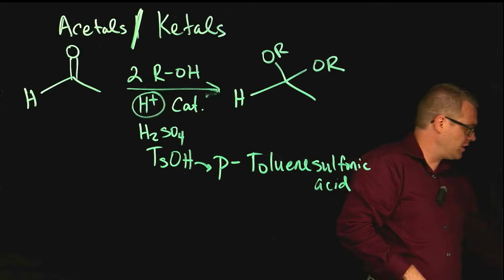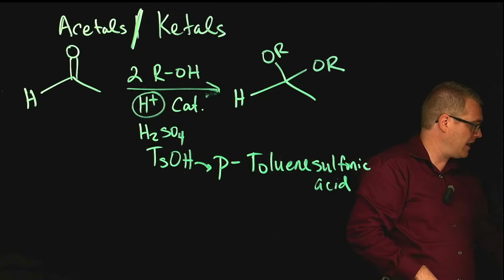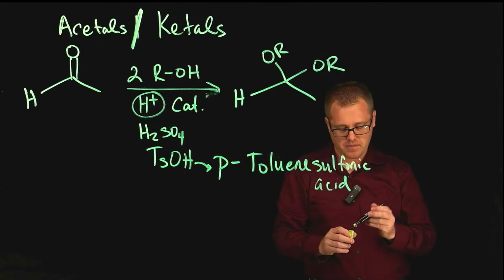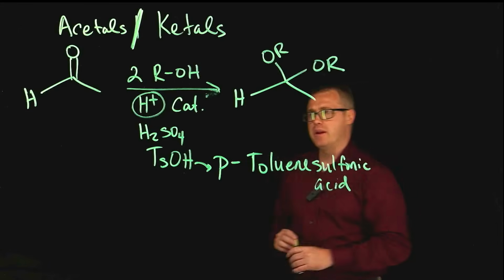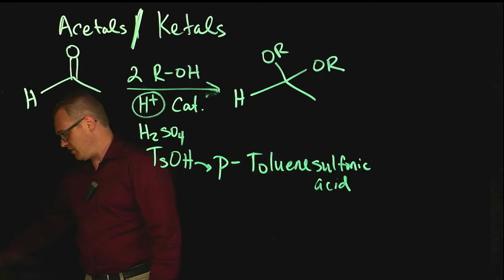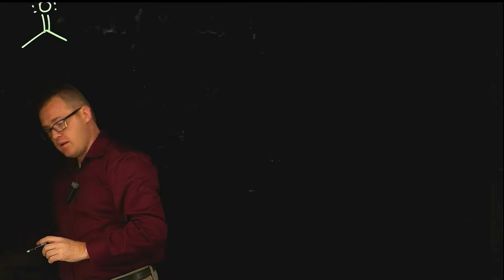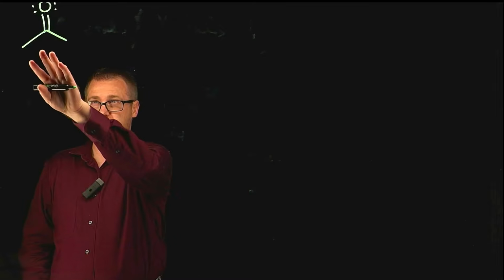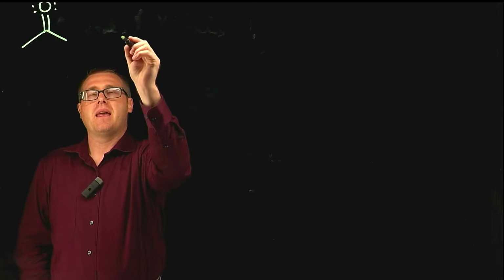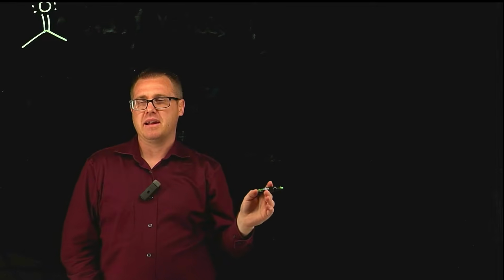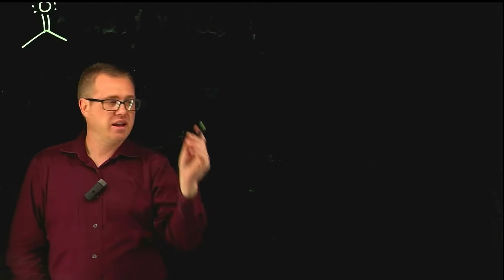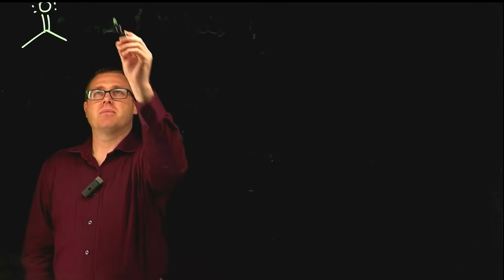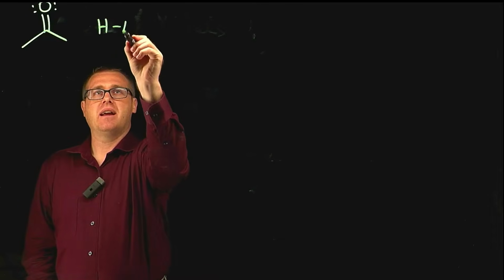So we need to know the mechanism on how this works. So I'm going to erase this board and we're going to jump into the mechanism. The type of mechanism that I want to show you is just a generic one. Let's say we start with the ketone, and it doesn't matter what catalytic acid we used, so we can just represent that with a generic acid.